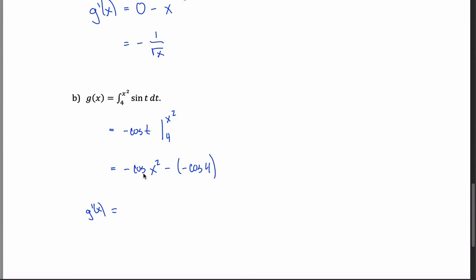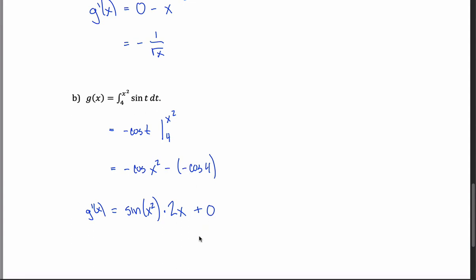The derivative over here, the derivative of negative cosine of x squared, I'm going to use the chain rule. So first taking care of cosine, the derivative of cosine is negative sine. So I have negative negative sine, in other words, positive sine of x squared. But then I'm not done. I have to multiply that by the derivative of x squared, which is 2x. And then this is just a constant minus negative.